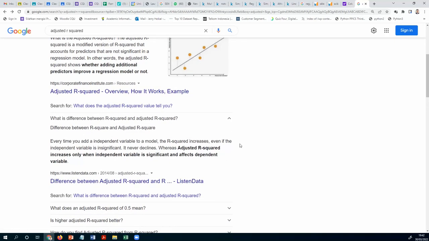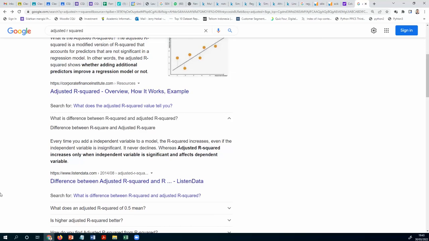Every time, R square increases, even if it never declines, whereas adjusted R square increases only when the independent variables are significant and affect the dependent variable. R square also includes the insignificant variables, and the adjusted R square only uses the significant variables.